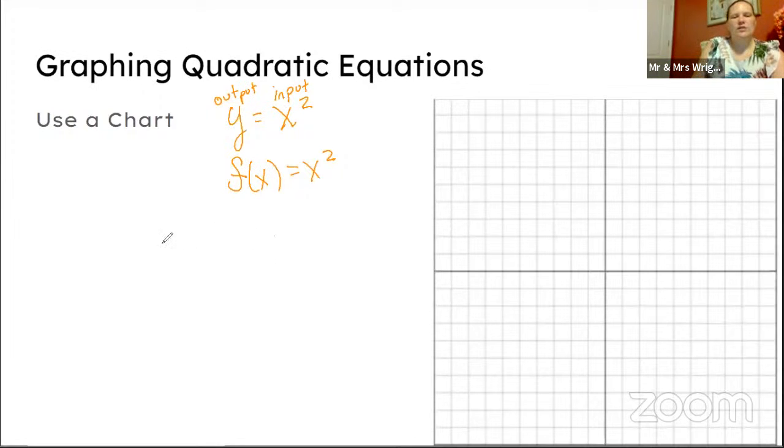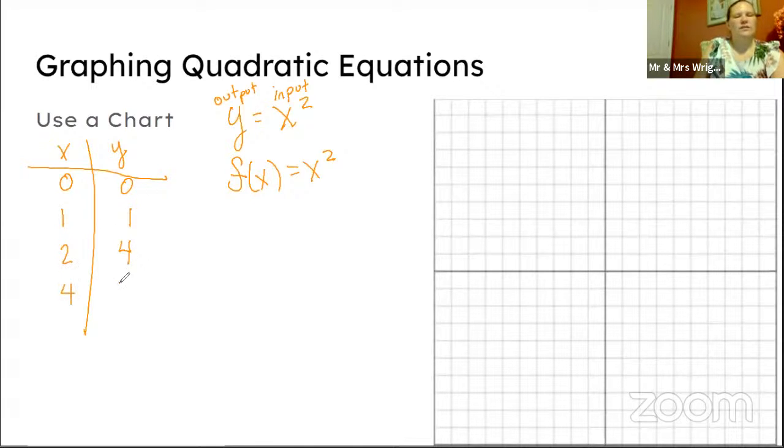And so let's start just making a chart. So we've got x and we've got y, input and output. If I put in 0 for x, what am I going to get? Well, 0 squared is 0. Okay, what if I put in 1? 1 squared, that's 1. 2 squared, is it 2? No. 2 squared is 4.